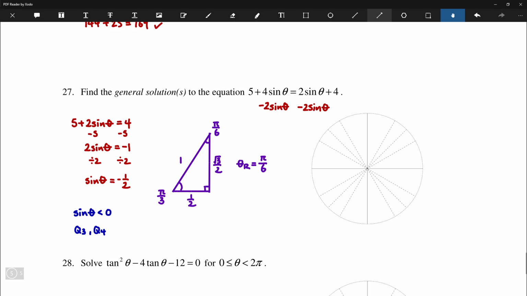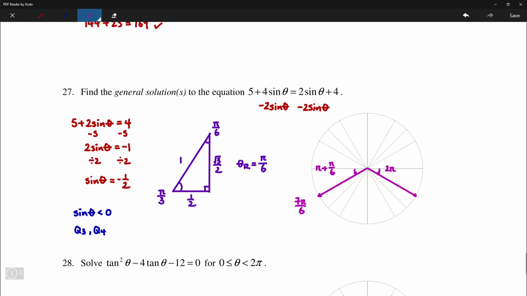but it is in quadrants 3 and 4, so let's go ahead and draw those in. Here's quadrant 3 and quadrant 4. So the first one would simply be pi plus pi over 6, which of course is 7 pi over 6. And the second answer here would be 2 pi minus pi over 6, which of course is 11 pi over 6.